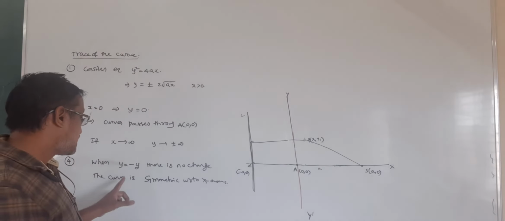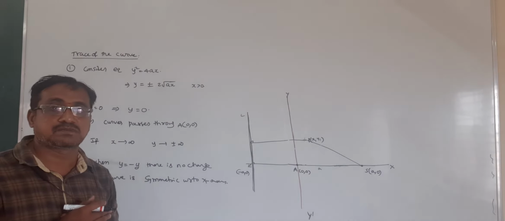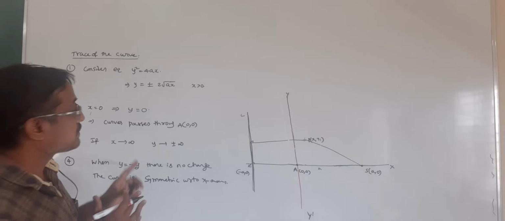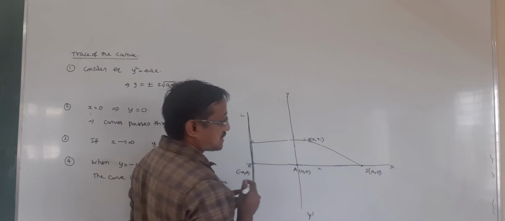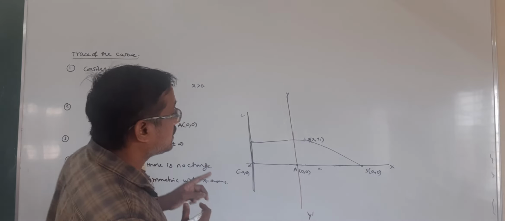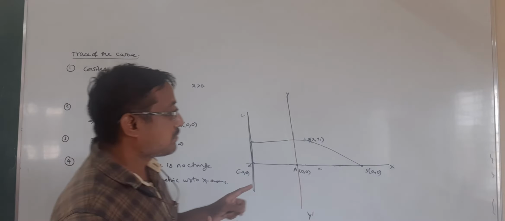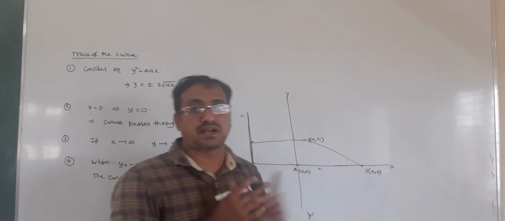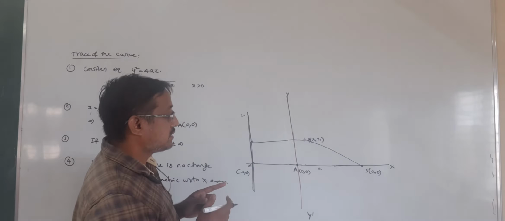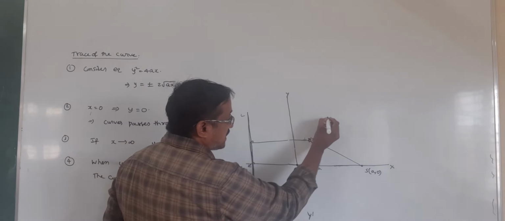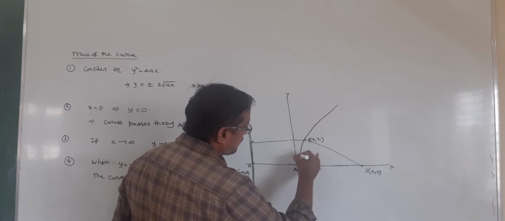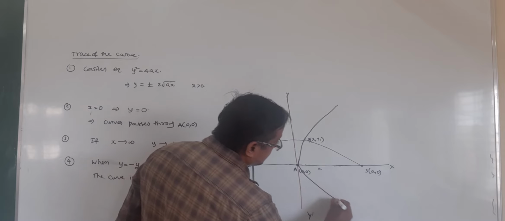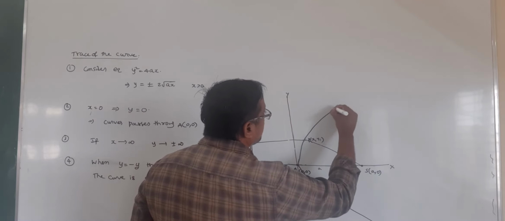The curve is passing through the origin and you have to take positive x values only, and the curve is symmetric with respect to the x-axis, and as x tends to infinity, y tends to plus or minus infinity.